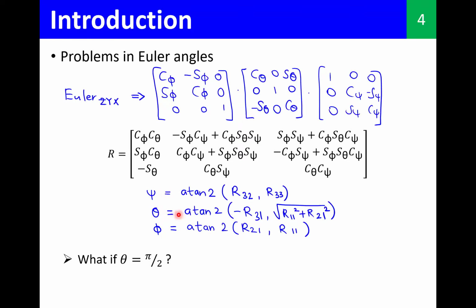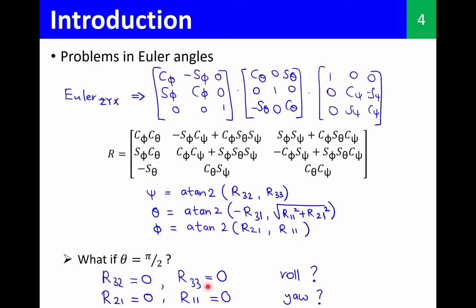Now, here is a question. So what happens if this theta is 90 degrees? So you can see if theta is 90 degrees, this cos theta will become 0. So this is 0, this is 0, this becomes 0, and this becomes 0, right? So these elements all become 0. Therefore, we will not be able to find it.